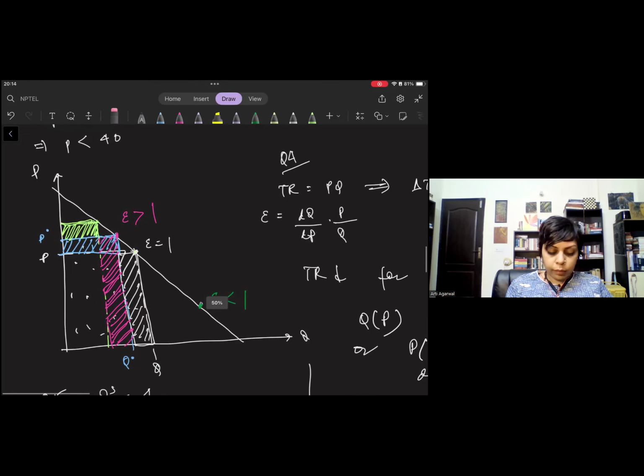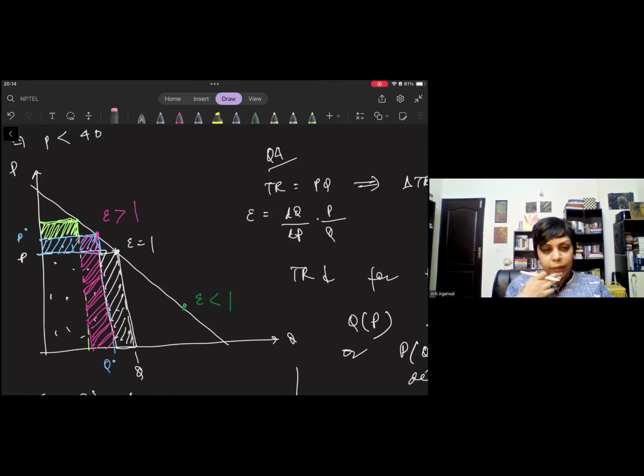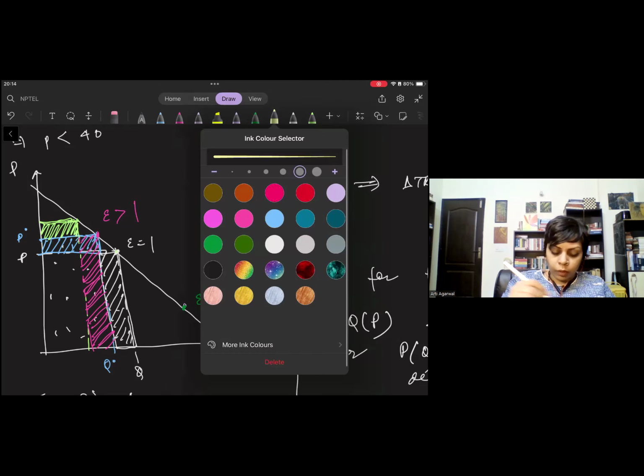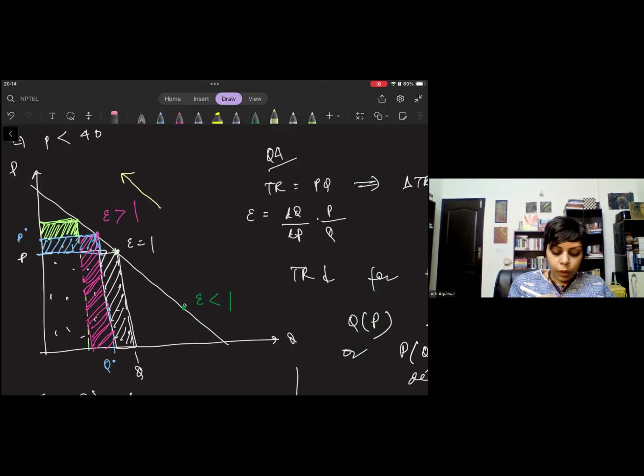Secondly, in this diagram, I have tried to explain pictorially what happens when epsilon is greater than 1 and when epsilon is less than 1. So in this case, if you just look at it geometrically, if you move to this side, what is happening is price is increasing and quantity is decreasing.